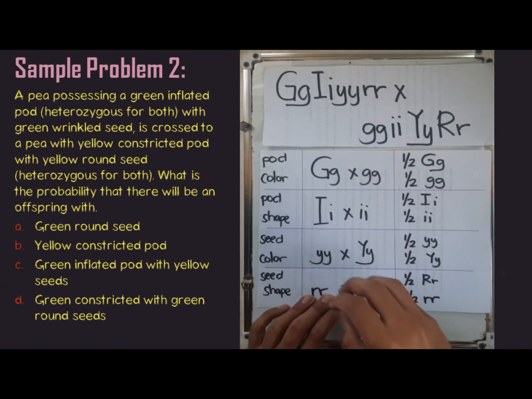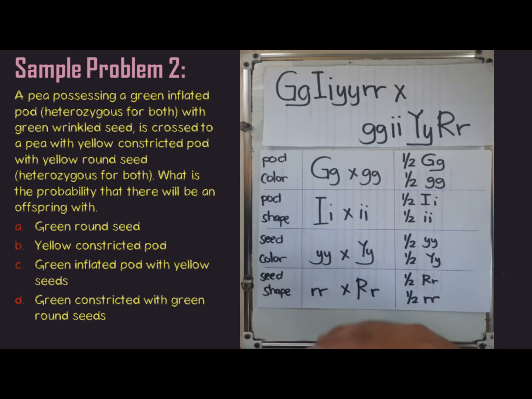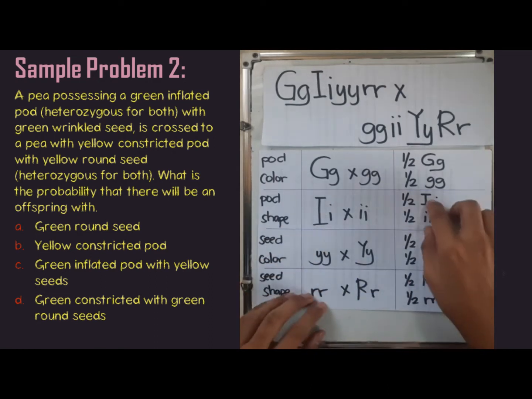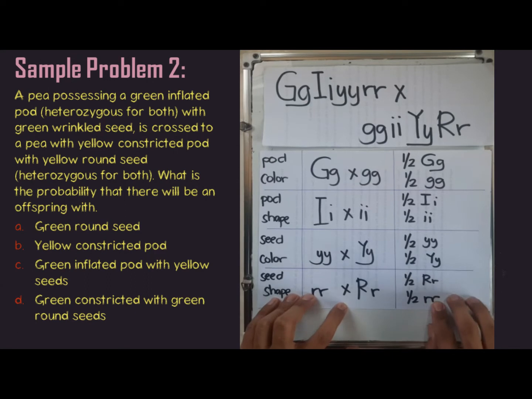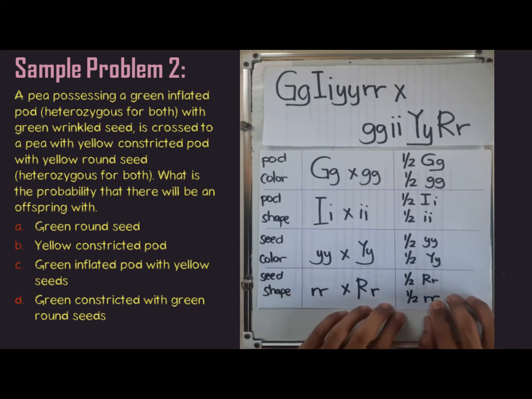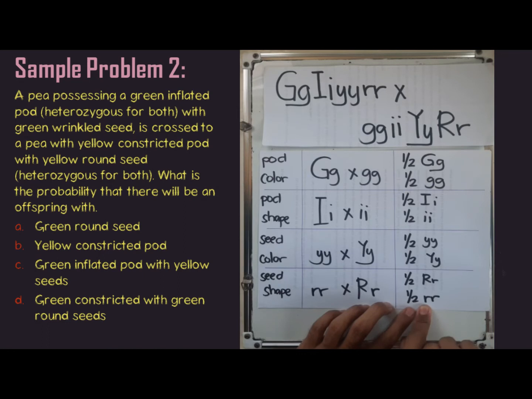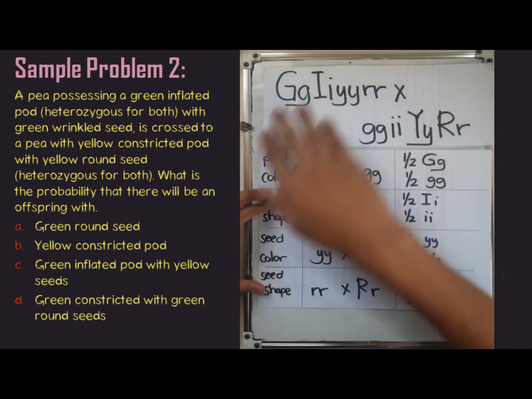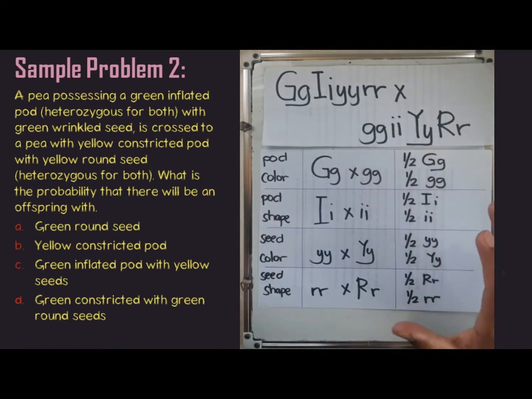So it would be passed down in random orders, okay? So we have here the presence of its offspring, the probability that 1/2 would be possessing a genotype of heterozygous round and 1/2 homozygous recessive, which is wrinkled seed. So this is actually the summary of the different things that is actually present in this problem.